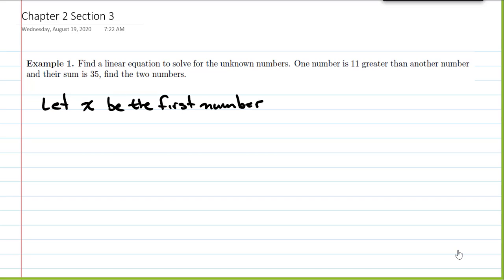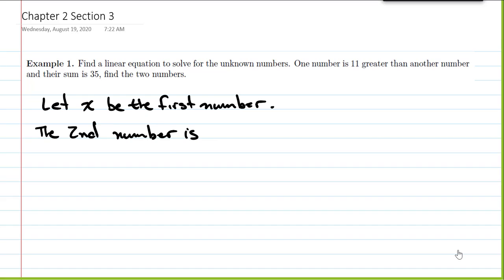And if that's the case, we have a clue about the other number. It says one number is 11 greater than another number. So if x is the first number, then the second number is 11 greater, so it must be x plus 11.